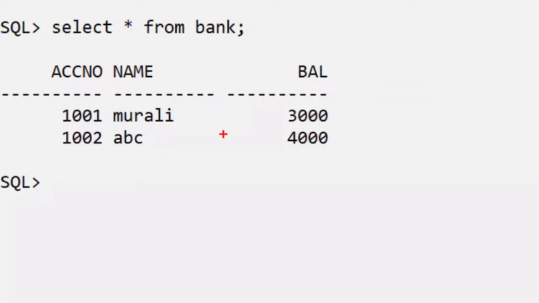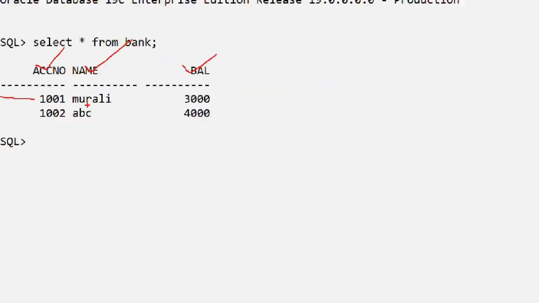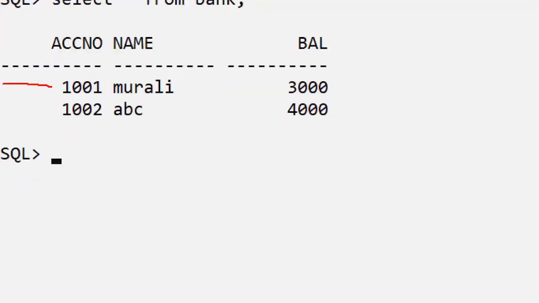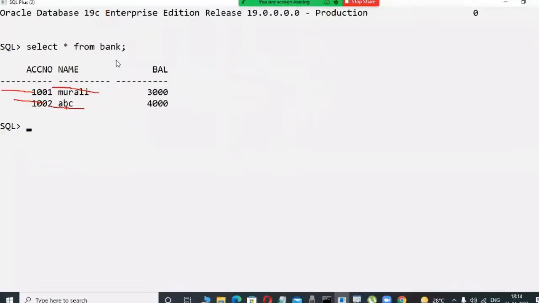In a table format only, we store the data. Suppose this is SBI bank, and this is the data. Observe here, these are columns: account number, name, and balance. These are called columns. Here there is 1001, and these are called rows or data.